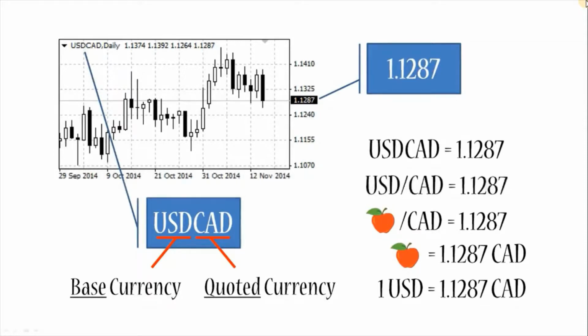Or conversely, to buy 1 US dollar, you would need 1 Canadian dollar and 13 Canadian cents. And now when we look at the chart, we know that the price is simply telling us how much an American dollar is worth in Canadian dollars. And as the price goes up and down throughout the day, that's simply the price of American dollars expressed in Canadian dollars, also changing throughout the day.